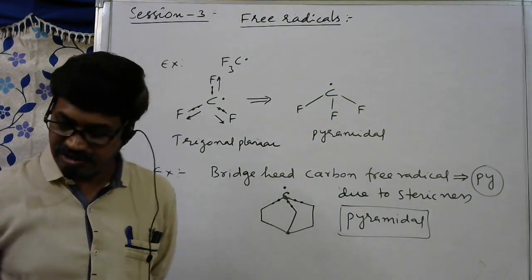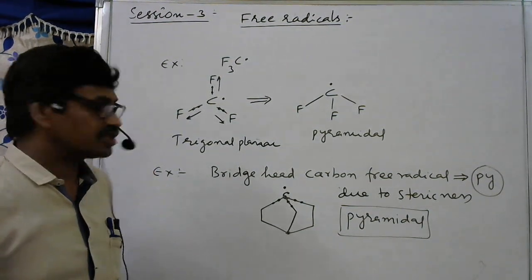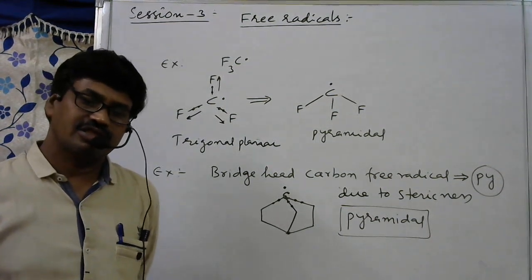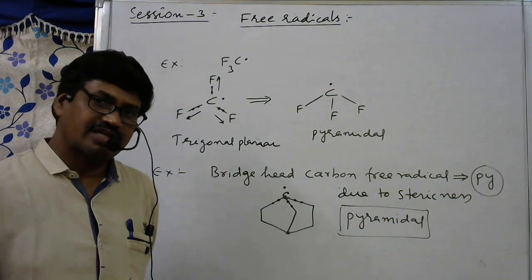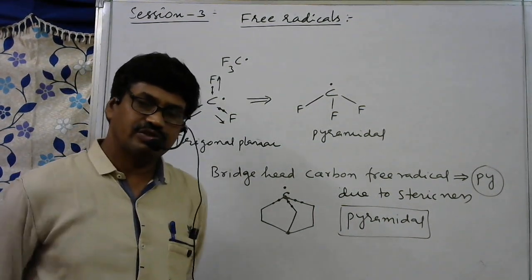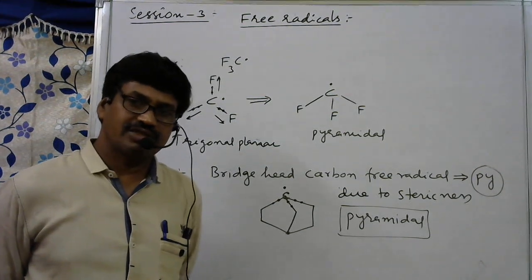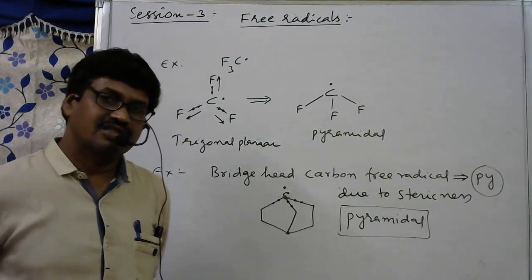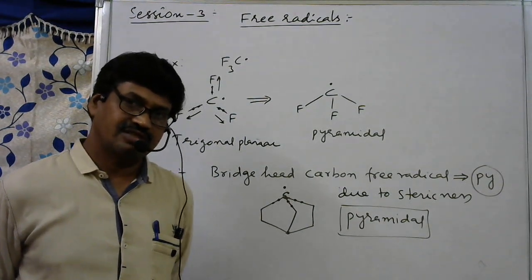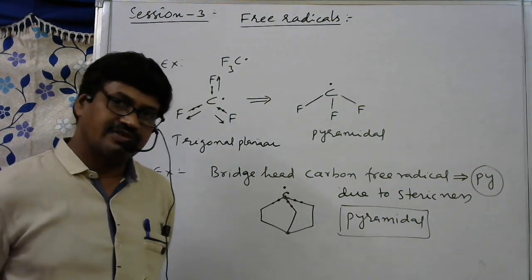It is almost similar to that of carbocations. So practice as many questions as possible after watching this video, and you can get more depth in the concept. In the next sessions, we'll discuss carbenes and nitrenes. Okay, until then, stay safe, stay home.